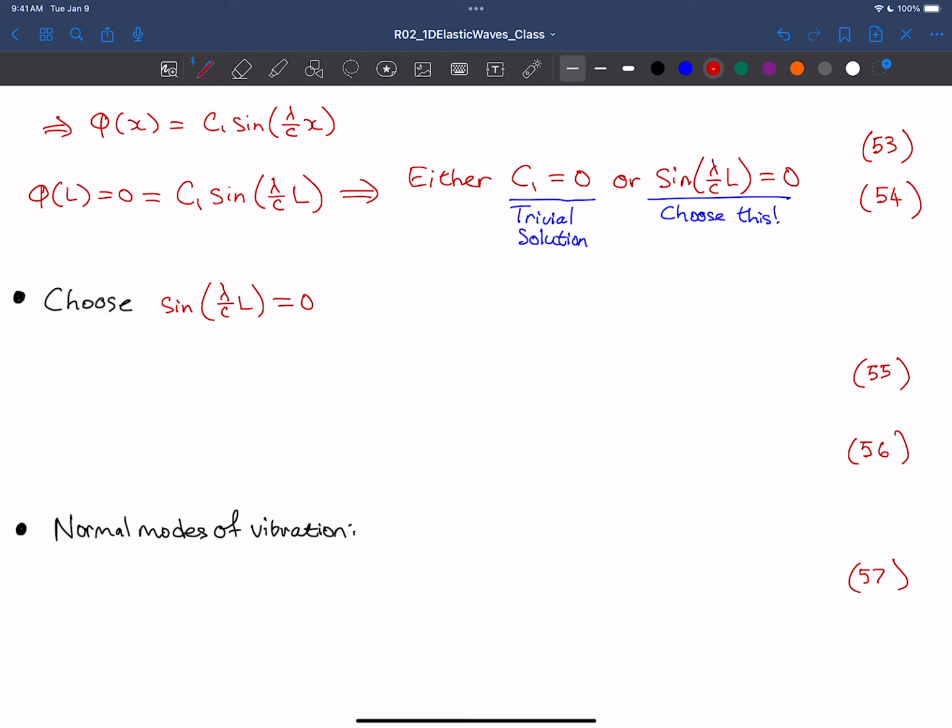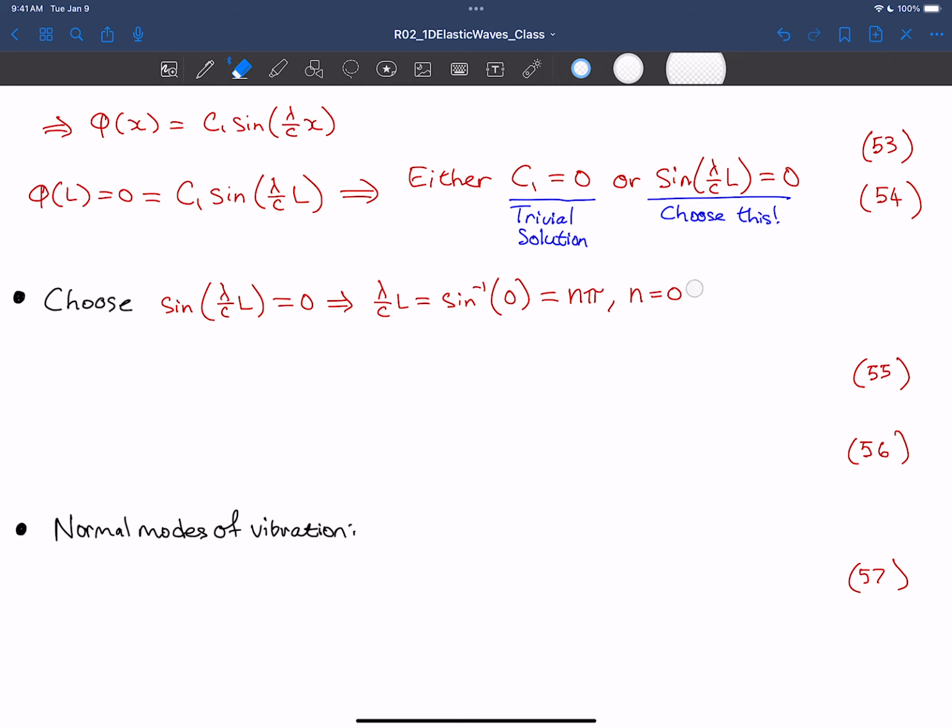Which will then allow us to find lambda. So in this case, we can take the inverse or the arc sine. So we get lambda over c L is equal to the inverse sine of 0, which is equal to n pi, where n is equal to 0, comma 1.